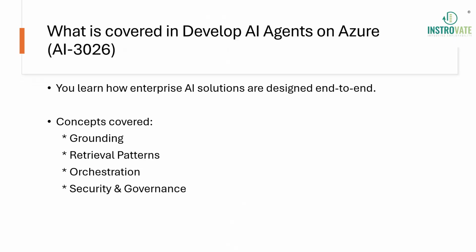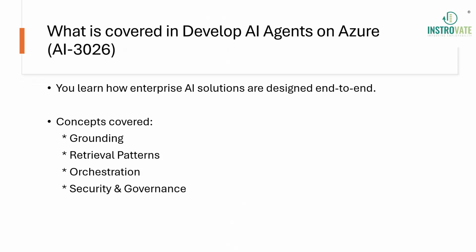So you learn how AI solutions are orchestrated, how prompts, retrieval, system instructions, and responses work together as a pipeline and not just individual single calls, right? This is where you start thinking in terms of an AI assistant or an agent rather than just a bot that is just answering the prompts.